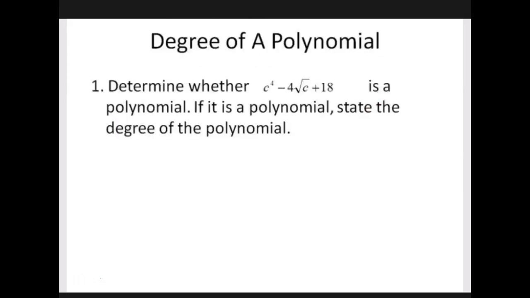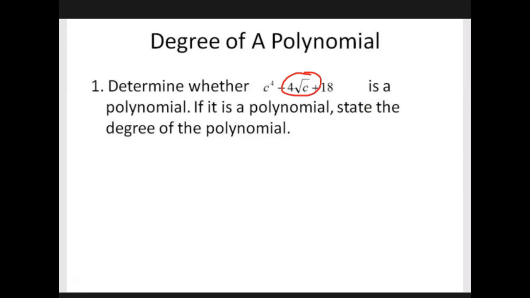Okay, and then the last thing we want to do is determine the degree of a polynomial. As I said before, the degree depends upon the terms of the polynomial. So in this case, this is not a polynomial because we have a square root. A square root is not considered a polynomial.